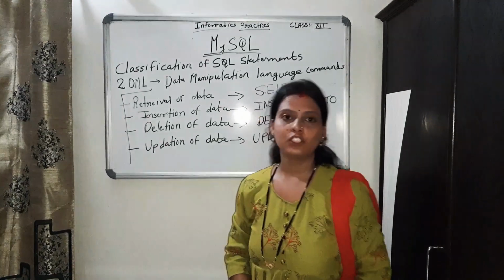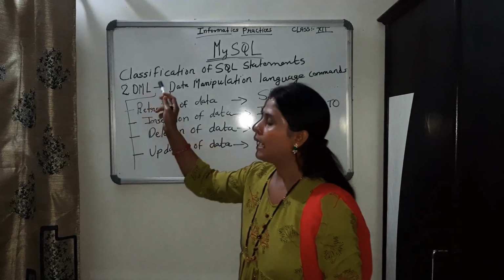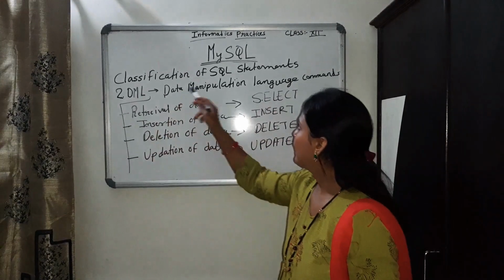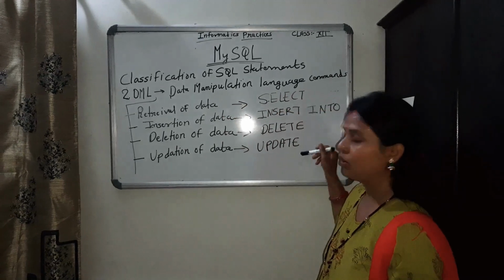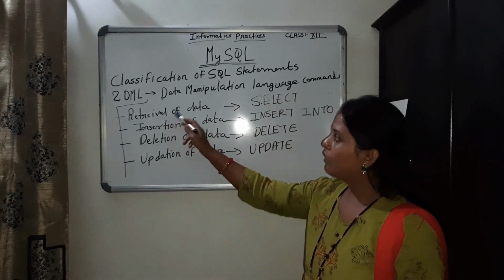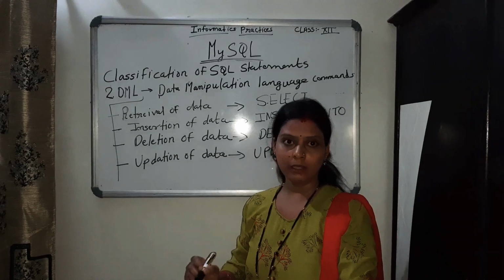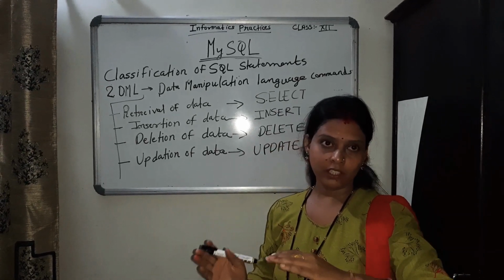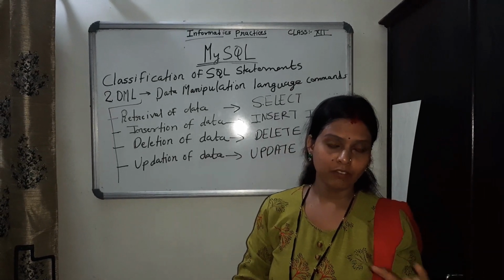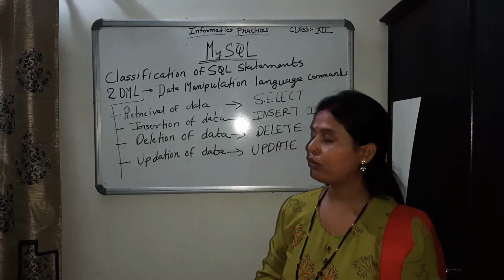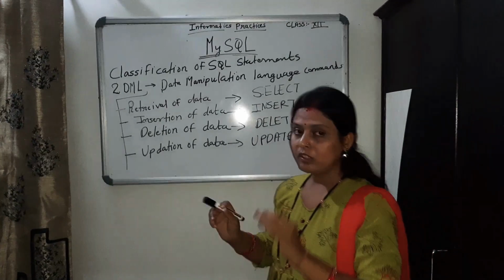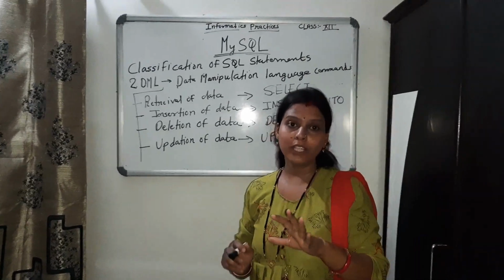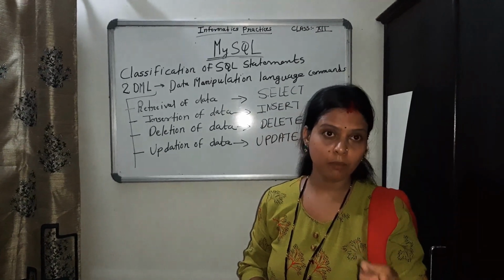Now the second SQL statement type is DML. DML stands for data manipulation language commands, in which we have to study four commands. Retrieval of data. After creating a table, if you want to retrieve all the data from the table, then which command do you have to use? You have to use the select command. Now if you want to insert new data in a particular table, then which command do you have to use?